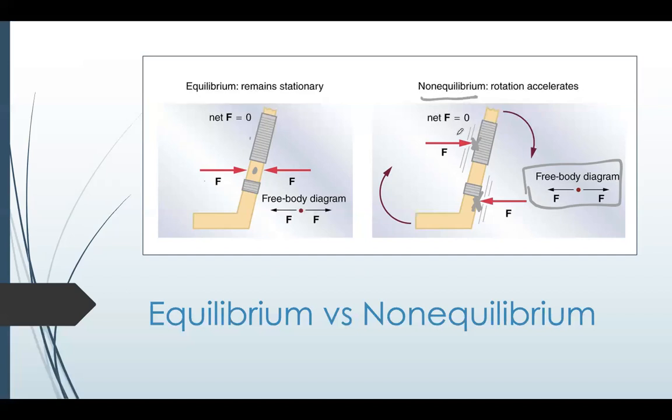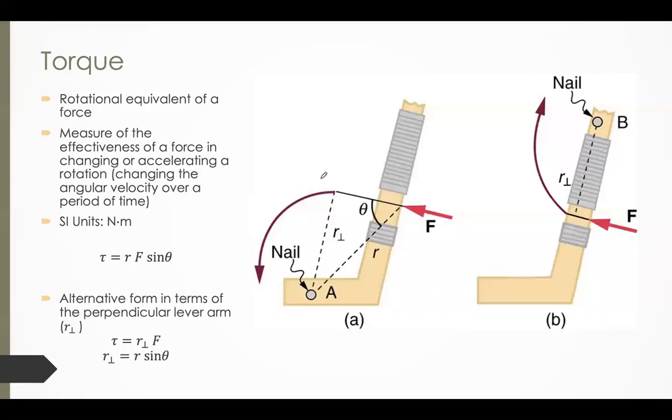We can't just say that because the net force equals zero, our system is in equilibrium. We have to have that torque aspect, and that has to do with rotation. So let's go ahead and start talking about torque.